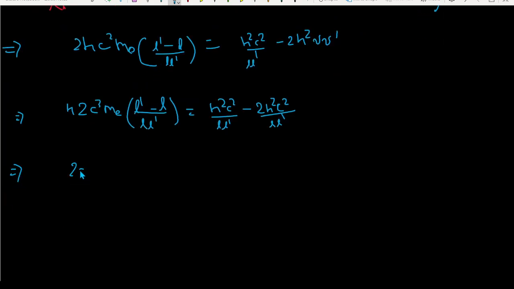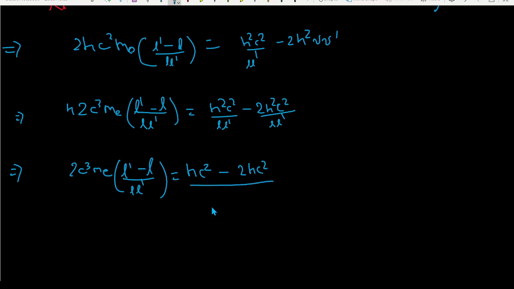The equation becomes 2c cube me, lambda dash minus lambda, divided by lambda into lambda dash, and one h from here also, which is hc squared, minus 2hc squared, and if I take here lambda into lambda dash.